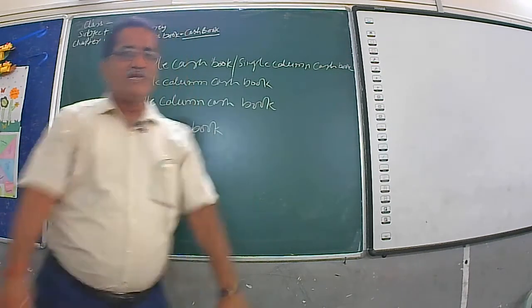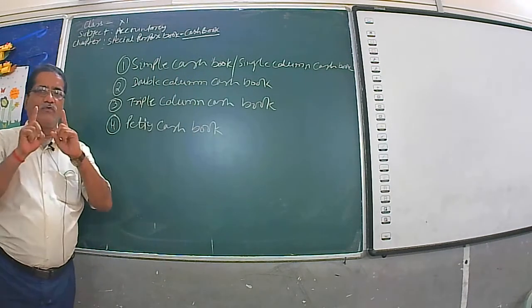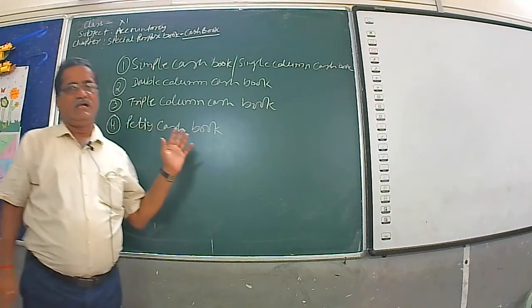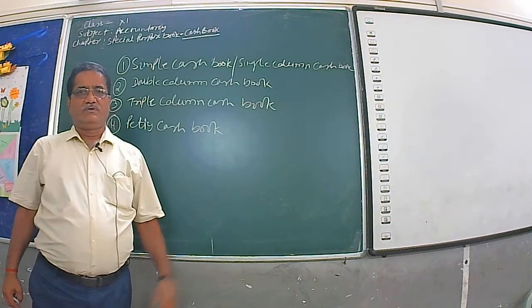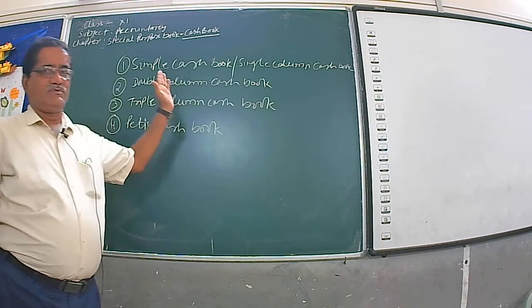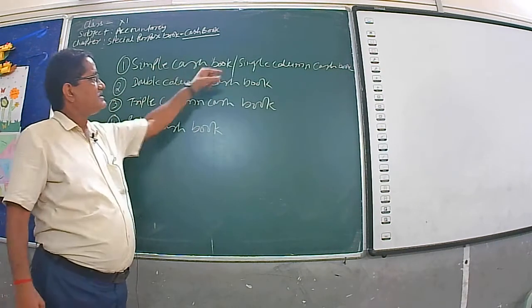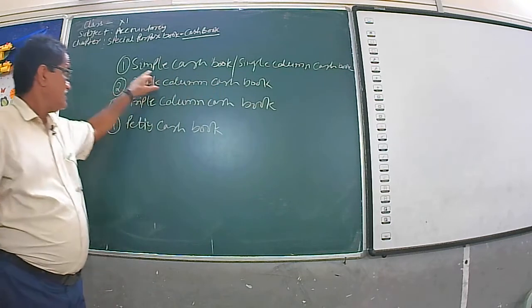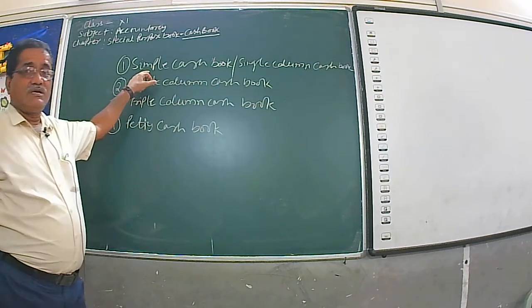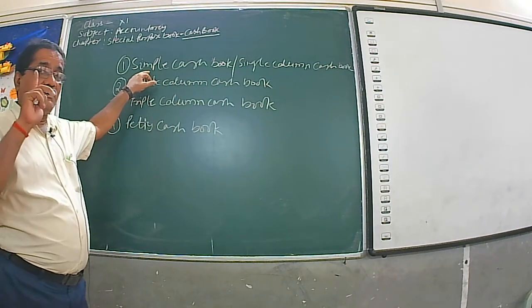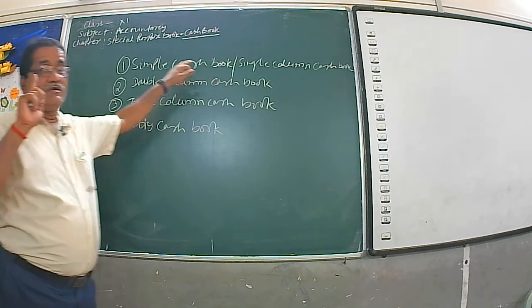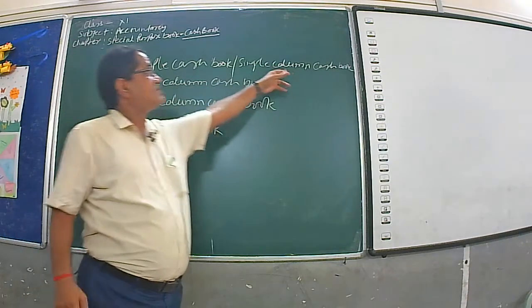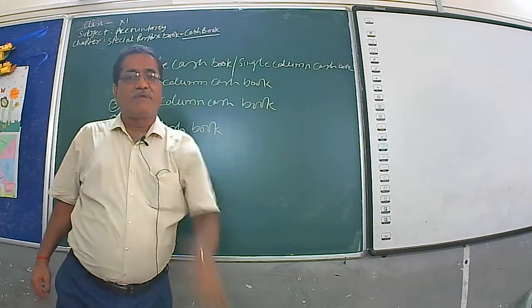Single column in the sense that here only one column for amount in debit side as well as in credit side of the cash book. That is cash column. Since there is one amount column in debit and credit side of the cash book, that's why it is considered as single column cash book.